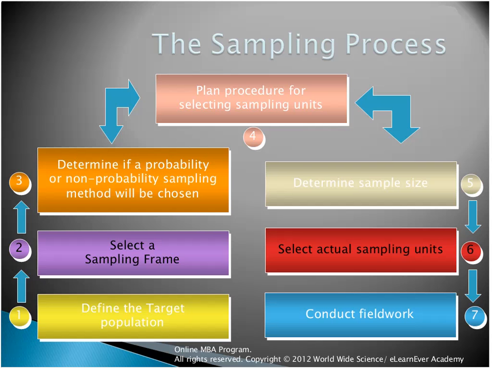Okay, here as a map, we can see the sampling process. First, we find the target population, and then we go to the sampling frame. After that, we determine which method of sampling we want to use, probability or non-probability, that we will discuss later. And after that, we should select a sample unit and sample size, and finally the actual sample unit.